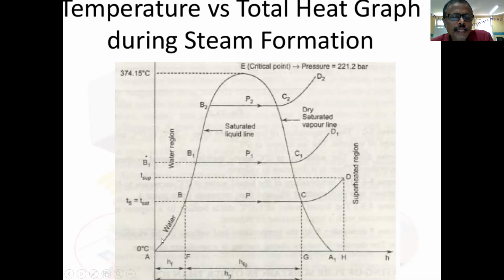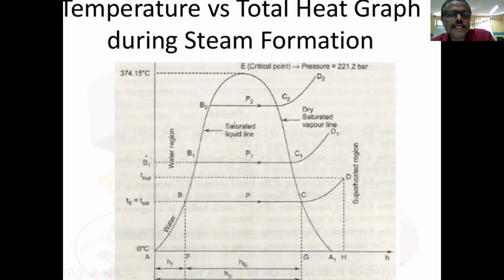Point A to B: water is heated up to its saturation temperature, that is for a pressure of P. If the pressure is increased to P1, then you can see the boiling point also increases.